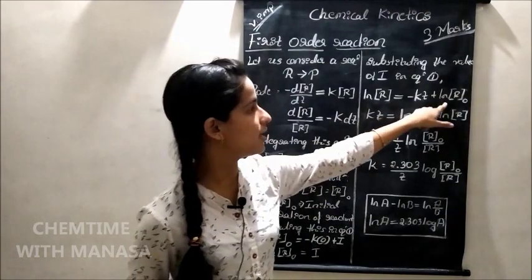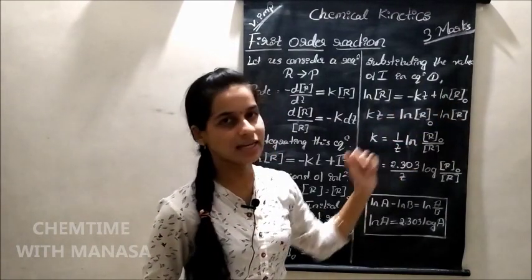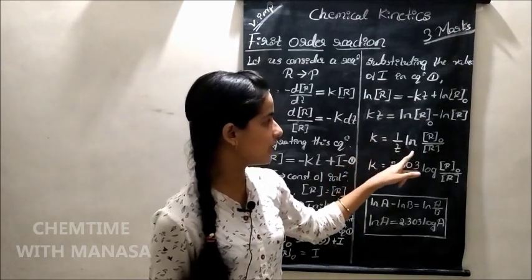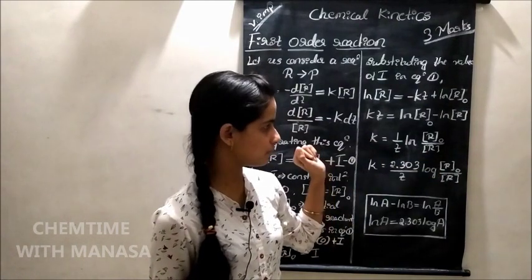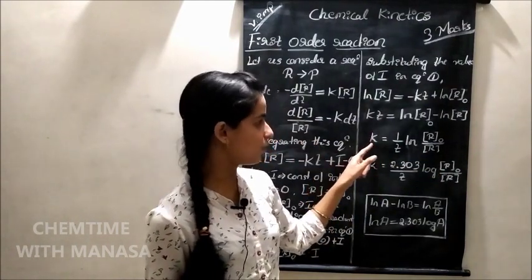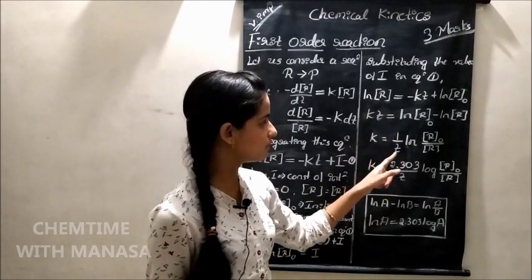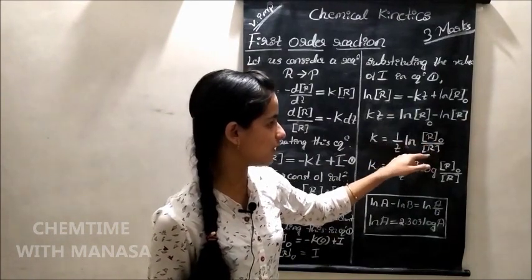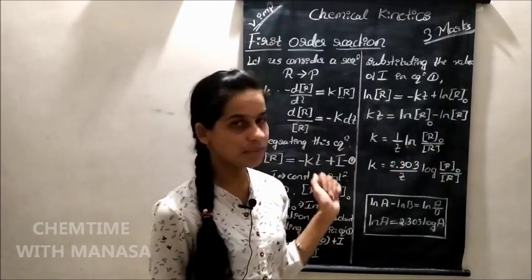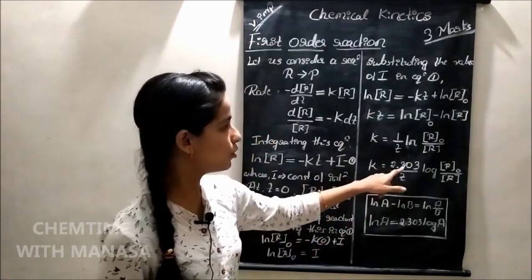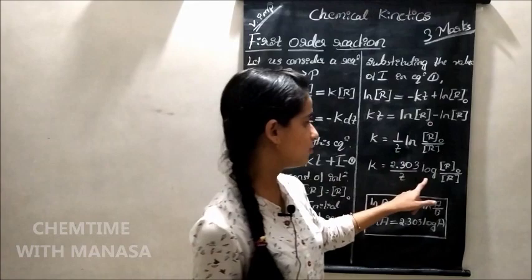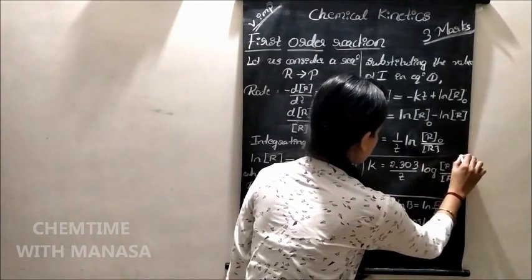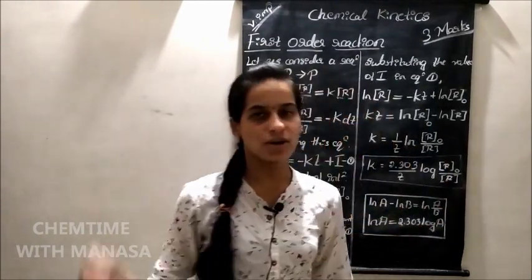Kt is equal to ln R naught minus ln R. On rearrangement, we get k is equal to 1 by t ln R naught by R. That is, rate constant k is equal to 1 divided by time into ln of initial concentration divided by concentration of the reactant at time t, or k is equal to 2.303 divided by t into log R naught by R. This is the expression for the rate constant of the first order reaction.